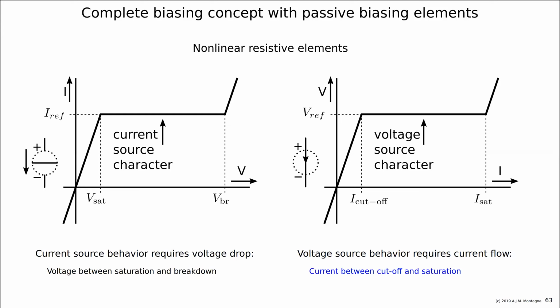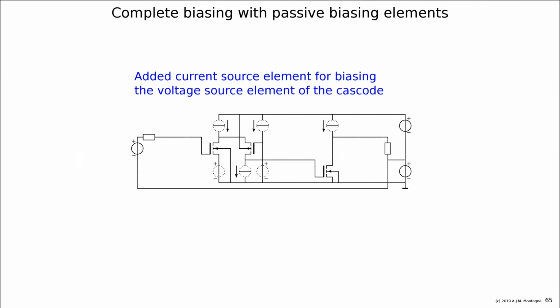Now let's go back to our two stages, biased. So here we had this folded cascode, and now I simply replace all these current sources with this kind of nonlinear resistive elements.